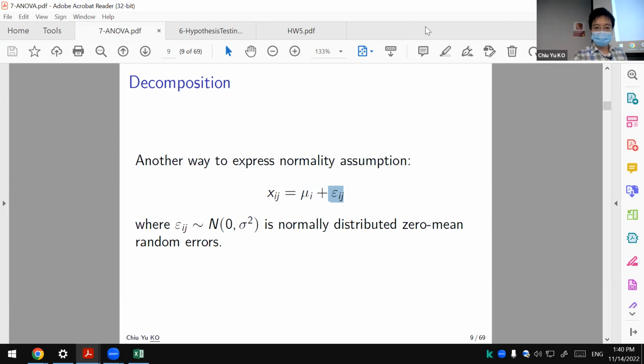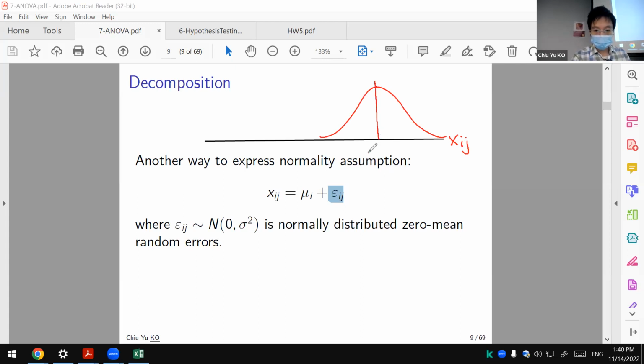The idea is very simple. Let me draw a diagram here, then you will see what we are talking about. Suppose this is the bell of Xij, and the mean is mu i, because it's group i.